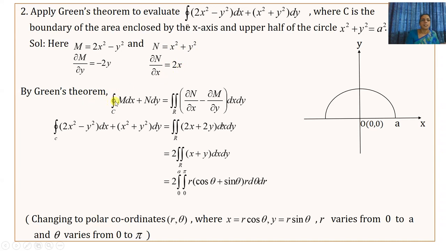And we know by Green's theorem, the integral of M dx + N dy is equal to the double integral of (∂N/∂x − ∂M/∂y) dx dy over the plane region R. So using Green's theorem, the integral, which is of the form M dx + N dy, is equal to the double integral of ∂N/∂x, which is 2x, minus ∂M/∂y, which is −2y, that is minus into minus, plus 2y, dx dy.